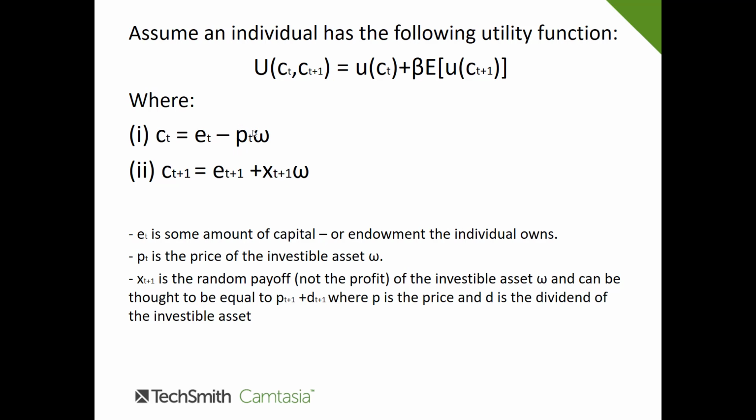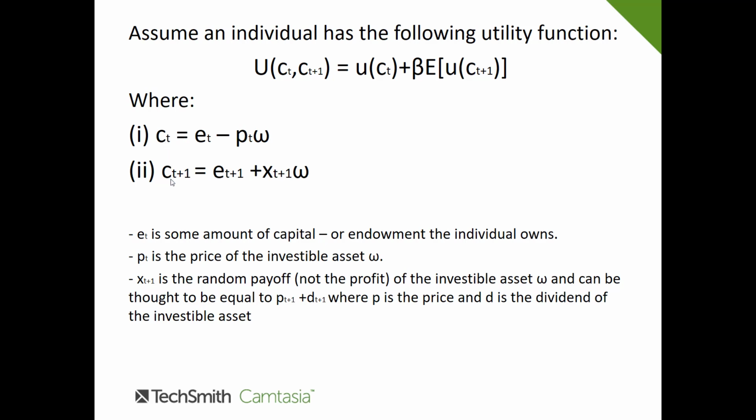The price of an ETF that tracks the S&P 500 is, say, $300 a share. And so that individual might buy 2 shares, so omega here would be 2 shares times the going price, which is 300. So of the $1,000, the individual is going to spend 600 on this investment and consume the rest.